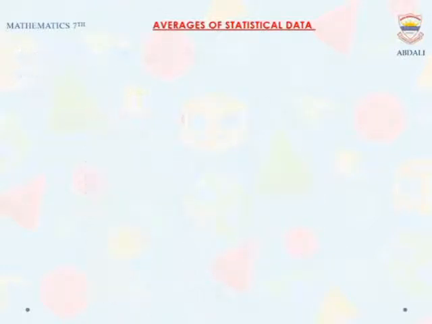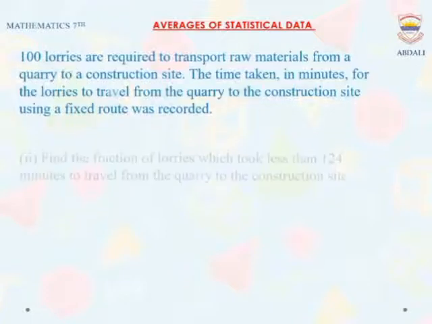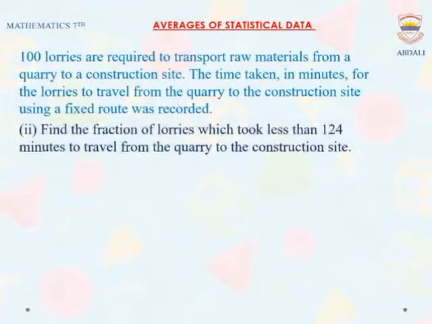So now we are going to see the next part of the same question, which is to find the fraction of lorries which took less than 124 minutes to travel from the quarry to the construction site. So let's do it.